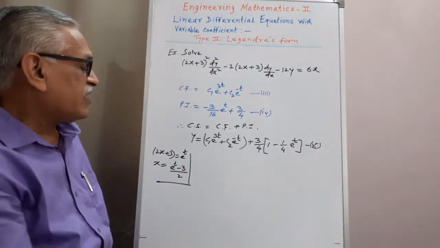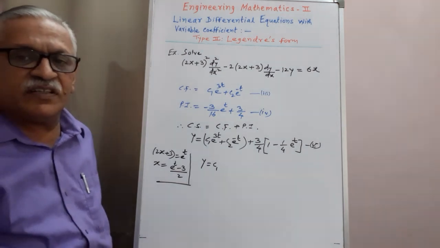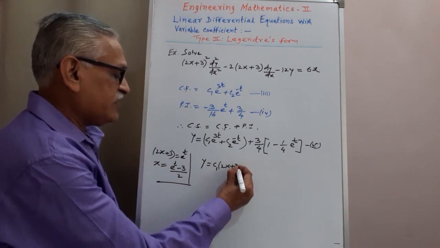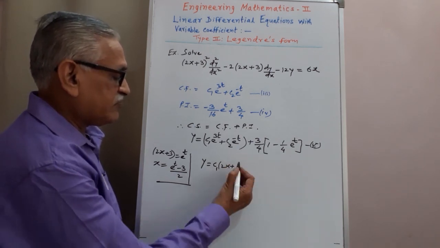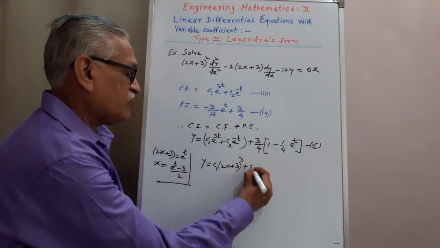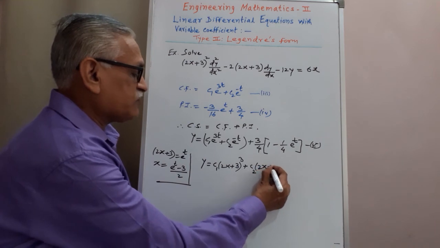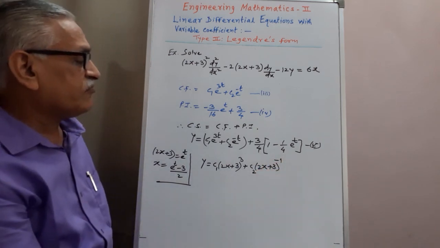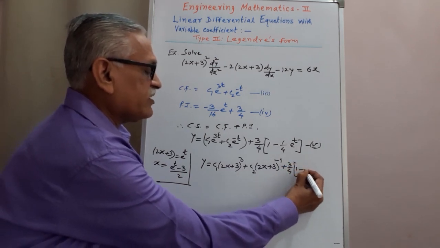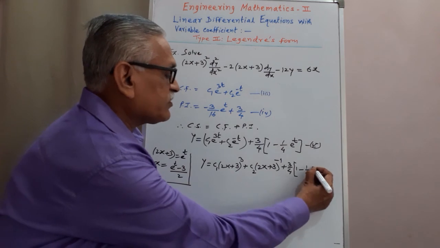We use this information, and therefore the solution becomes y = C1 e^(3t), meaning e^t cubed, where e^t is 2x+3, so (2x+3)³, plus C2 e^(−t), meaning (2x+3)^(−1), plus 3/4 (1 − (1/4)(2x+3)), where e^t is 2x+3.